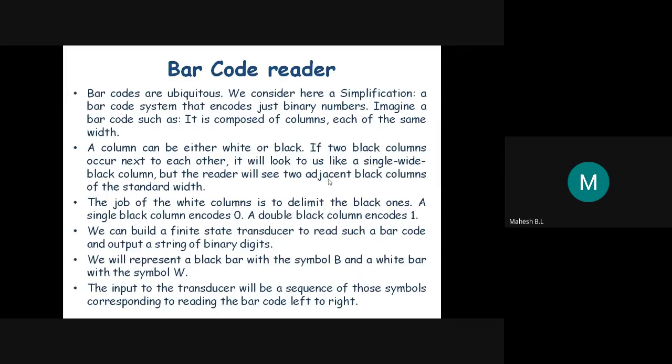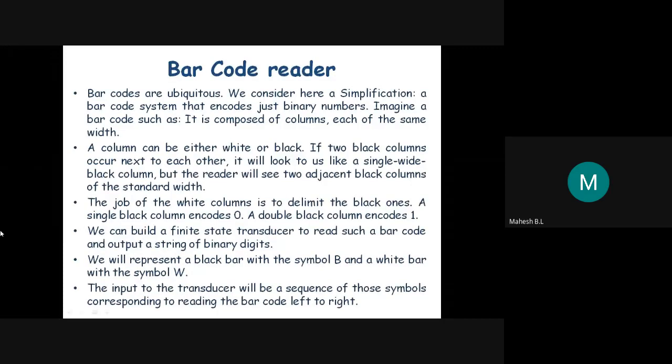But the reader will see two adjacent black columns of the standard width. The job of the white columns is to delimit the black ones. A single black column encodes a 0, and two black columns encode a 1. So a white column is just a delimiter for the black columns. That's how you're going to encode.